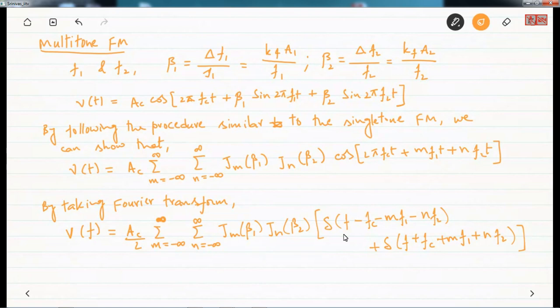Okay, so let's write that first observation. So what are the observations?